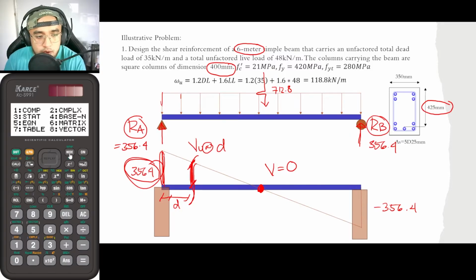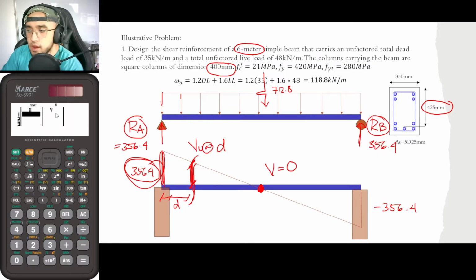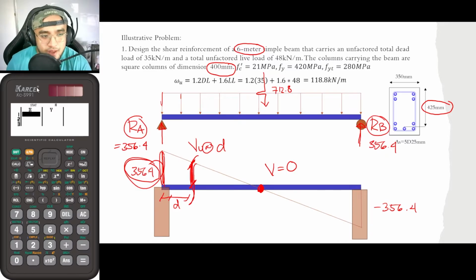That is mode 3, stat mode, and then 2, A plus BX, in order for me to get a table for a linear table. And I would be plotting my points. At x equal to 0, the shear force there is 356.4.